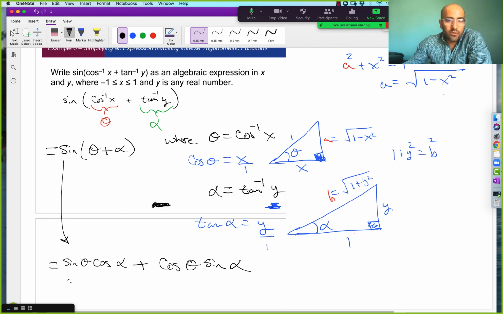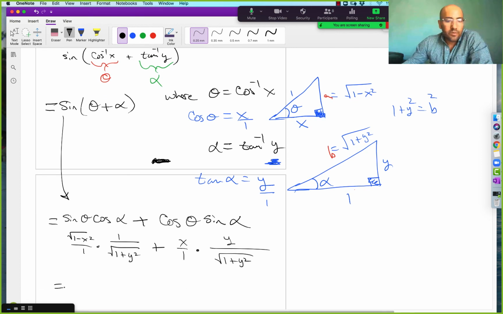So that'll be equal to root 1 minus x squared over 1 times cosine of alpha, which is 1 over the square root of 1 plus y squared, plus cosine of theta, which is x over 1, times sine of alpha, which is y over the square root of 1 plus y squared.